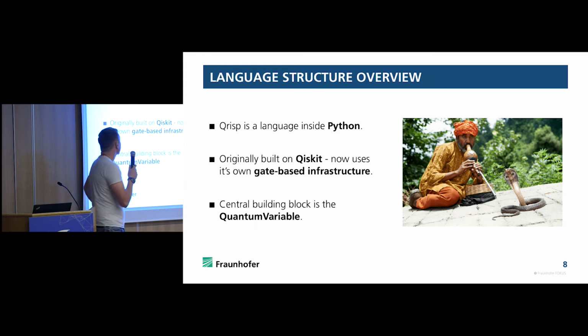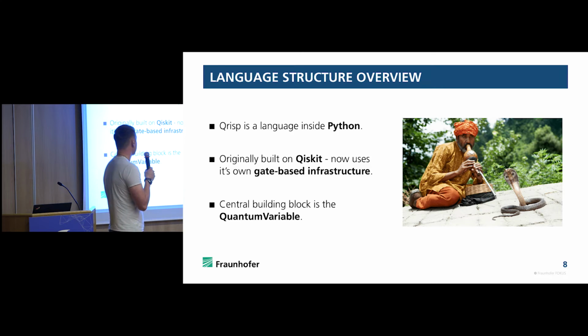Okay, so Qrisp is a language inside Python, and we originally built it on Qiskit, but we now have our own gate-based infrastructure. This is because of multiple reasons. One reason is that some of the features we intended were not compatible with the Qiskit architecture.